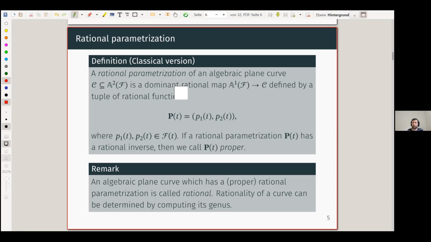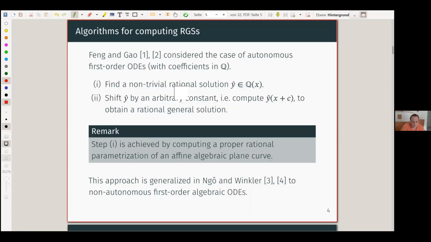May I ask a question about the previous slide? The previous one, yes. So in number 2, you're just saying that y hat of x plus c, that family is just solutions, right? You're not saying that all other rational solutions are of this form. The general solution.